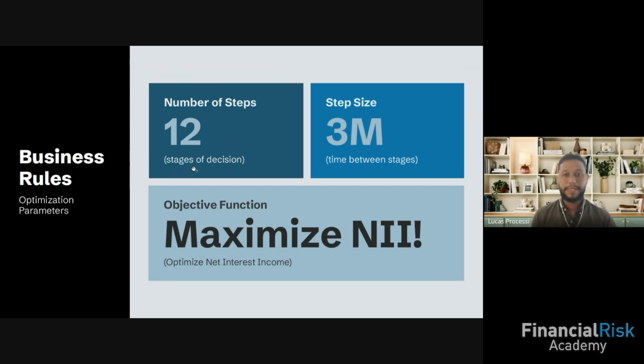In each step, I can have different weights for different objective functions. Imagine that in the short term, I'm more concerned about the growth of my bank, but once my bank has grown, I'm more concerned about efficiency, so about net interest margin or net interest income. We can play with those weights in order to have a more complex goal for the financial institution.